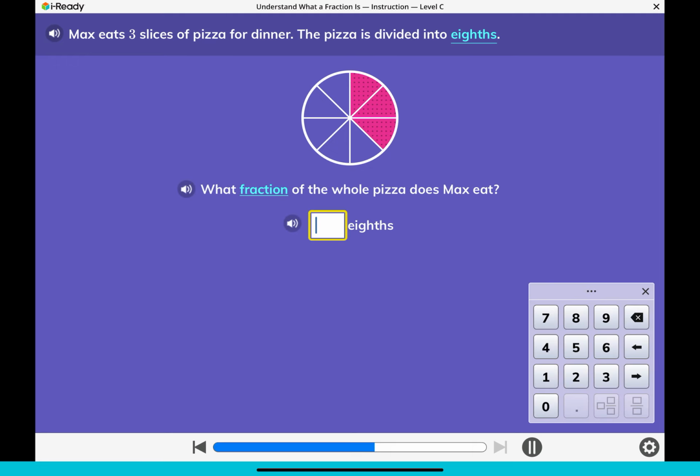That's right. Max eats 3/8 of the pizza. You can write 3/8 as 3/8.